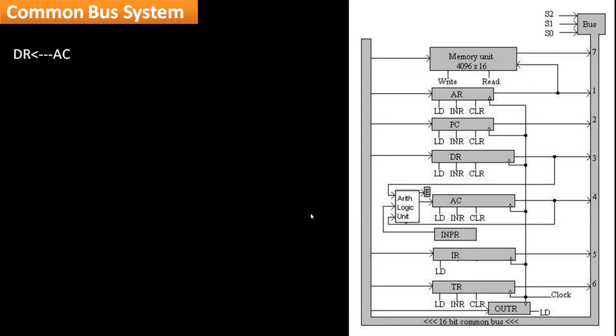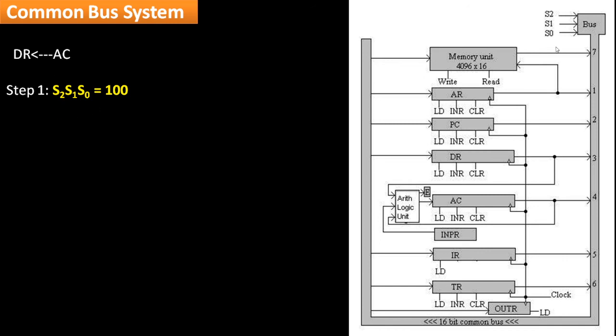Now let us try and understand a simple situation where we have to transfer the content of the accumulator into the data register. So how can that be done? First of all, we need to provide a value in the selection variables which selects the accumulator.